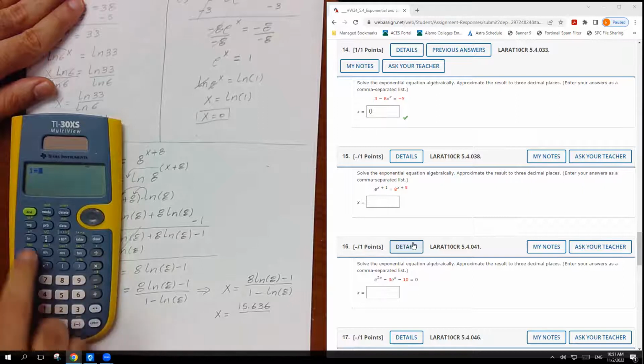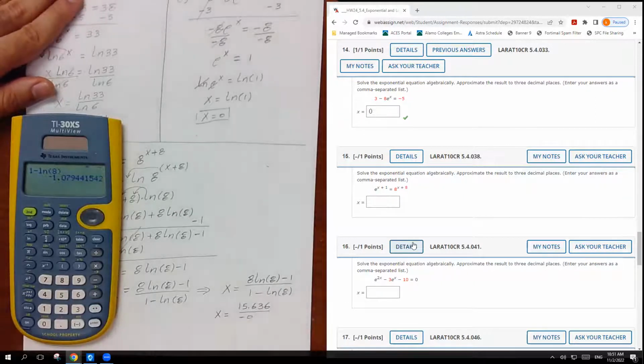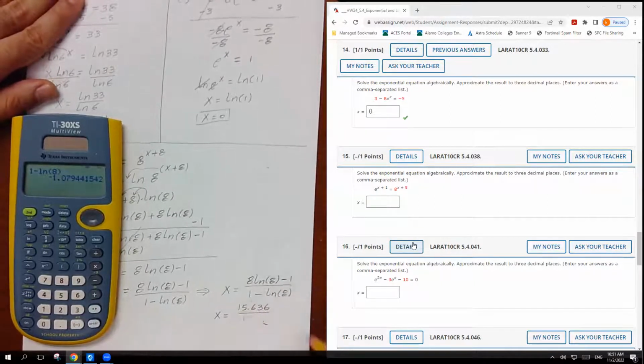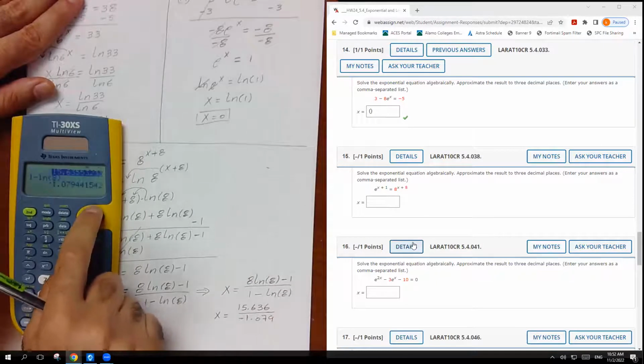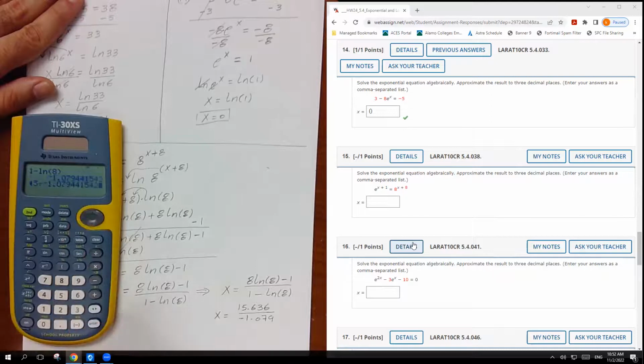And 1 minus ln 8 is going to be negative 1.0794079. Now divide this number by this one.